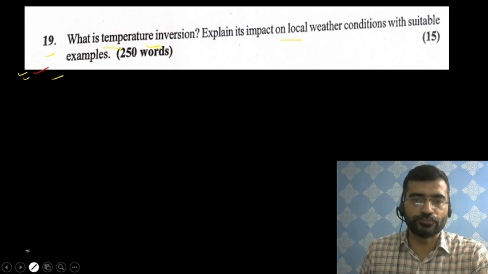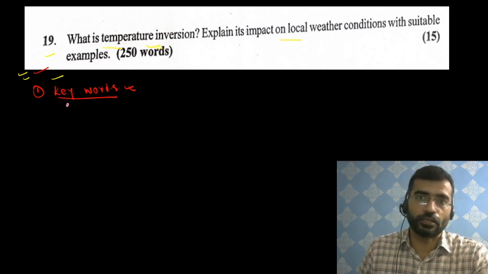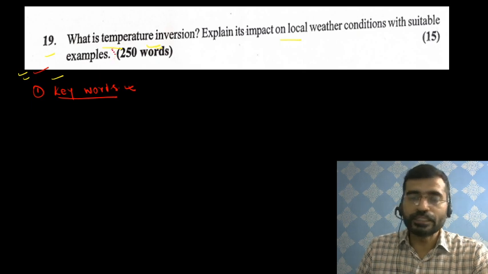So look, the very first step you shall follow while attempting a question: identify the keywords. Identify the keywords. The demands of the question you can figure out while reading the question. So that is the very first step.